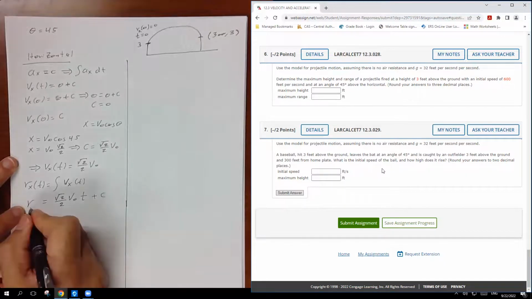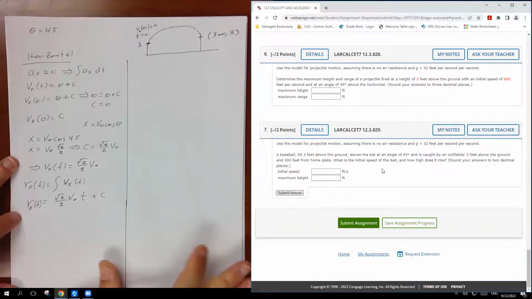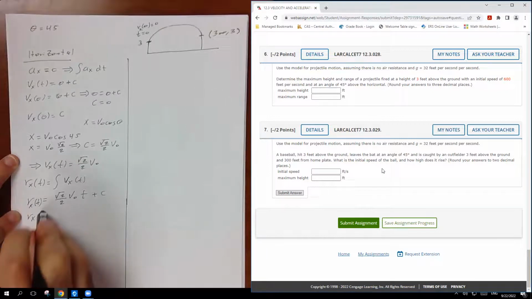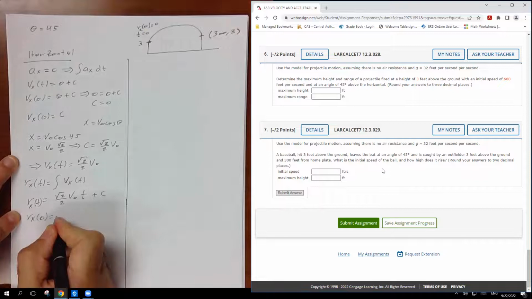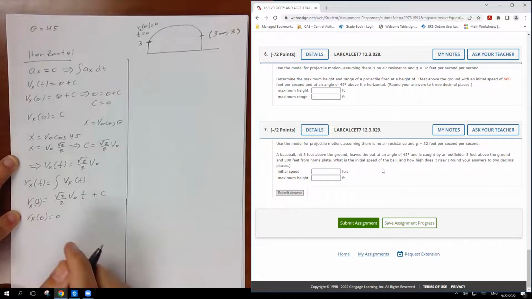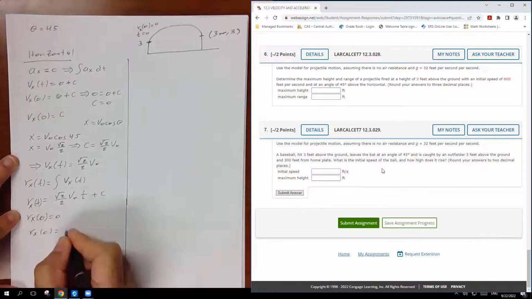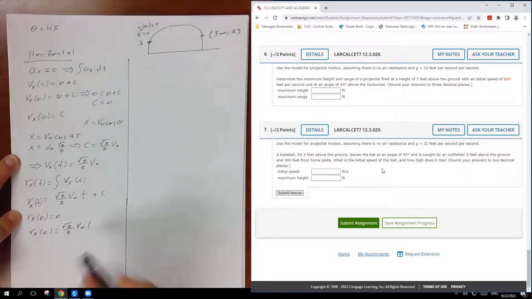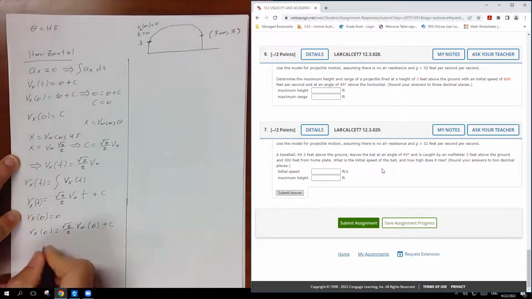This is r sub x with respect to t. Then r sub x at 0 equals 0. That means everything here is going to be 0. So r sub x at 0 equals square root of 2 divided by 2 v naught times 0 plus c. So c is going to be equal to 0.